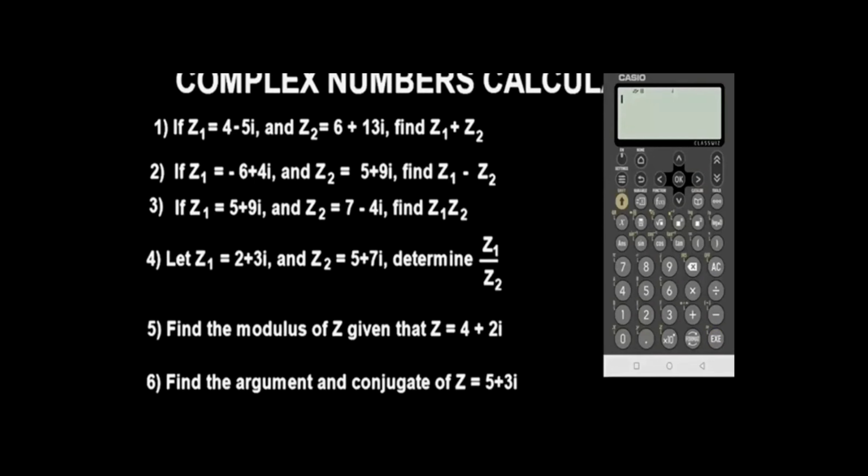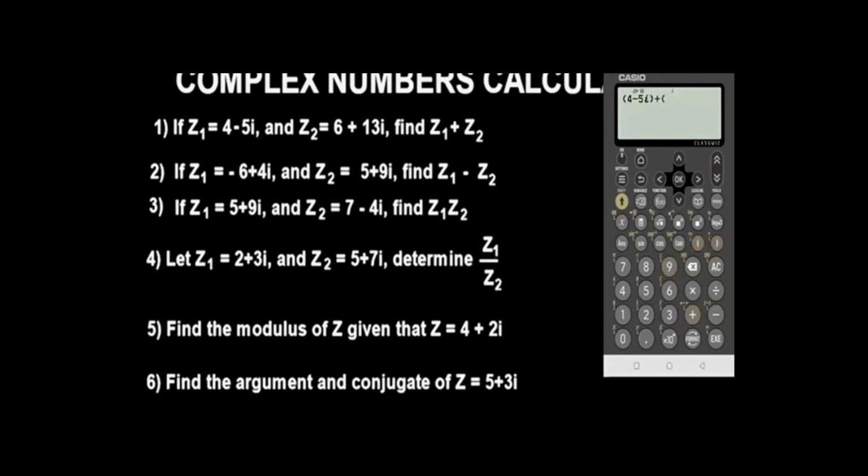We have, if z1 equals this value and z2 equals this value, find z1 plus z2. So to do this, we have to put them in brackets, guys, very important. So we have 4 minus 5i. To bring out the i, you press shift and this button 9, close the bracket, plus put this one in bracket as well.